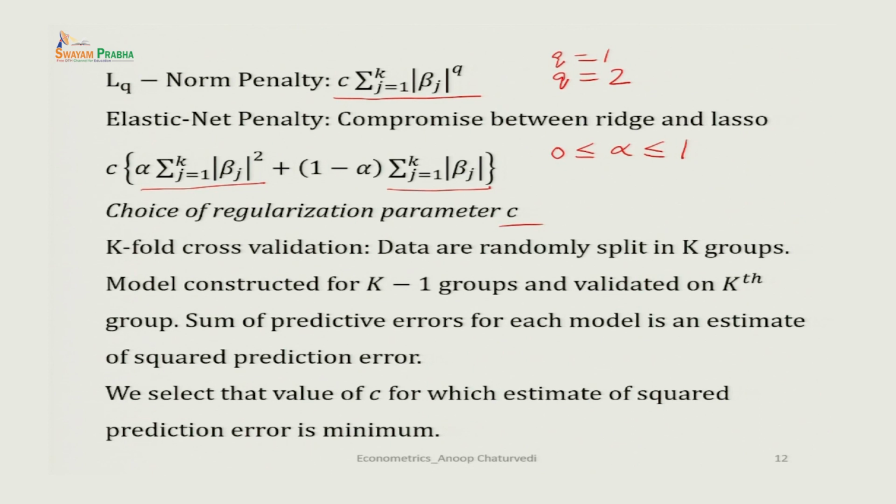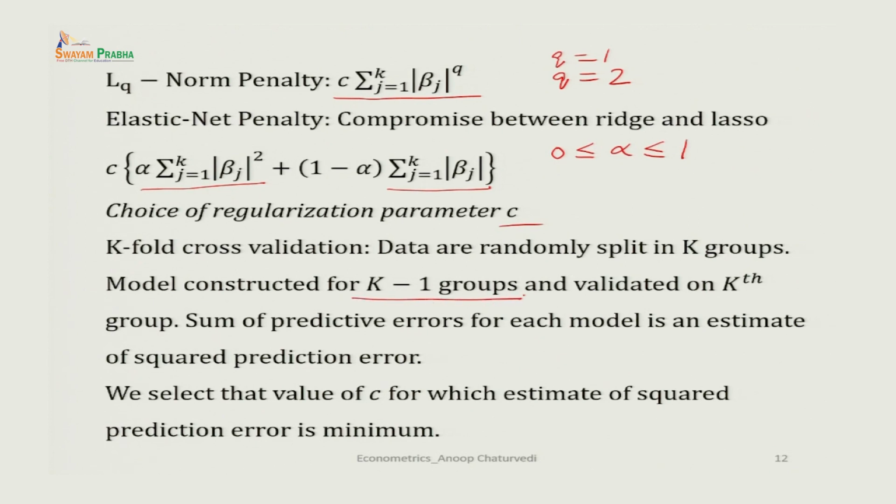In k-fold cross validation, what we do? We divide the data randomly into k groups, and then we construct the model based on k minus 1 groups.